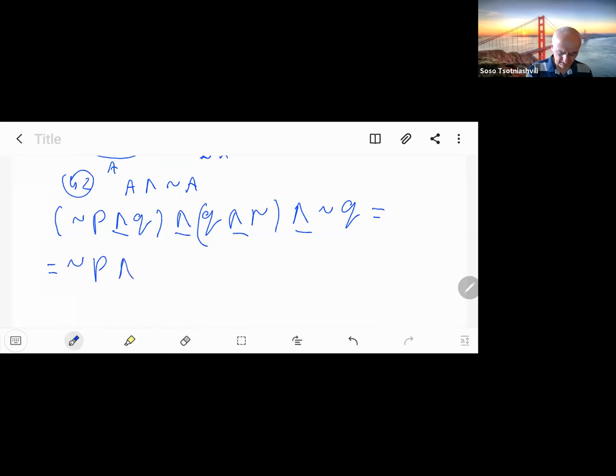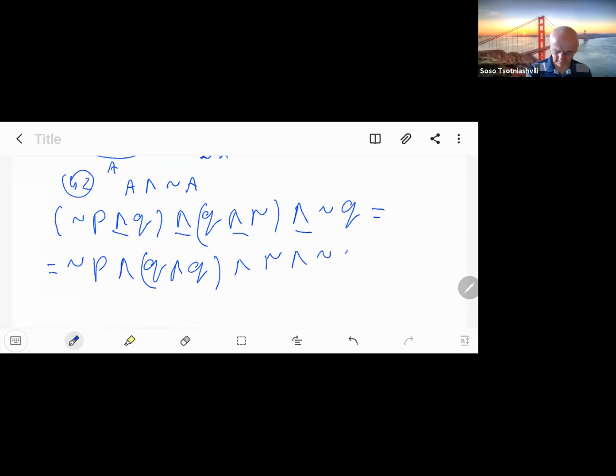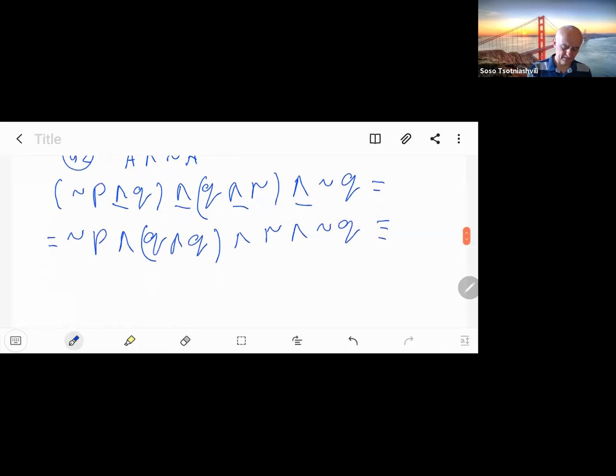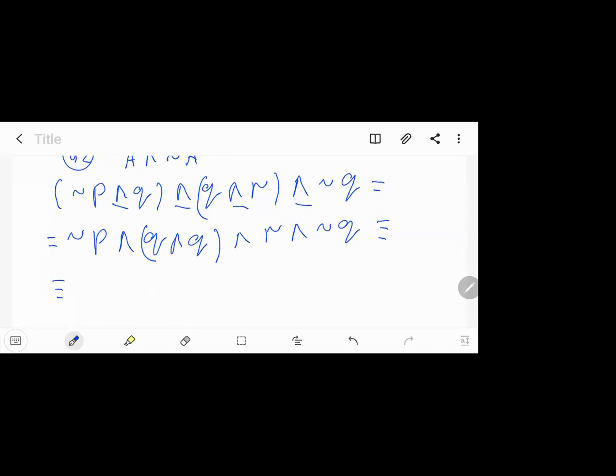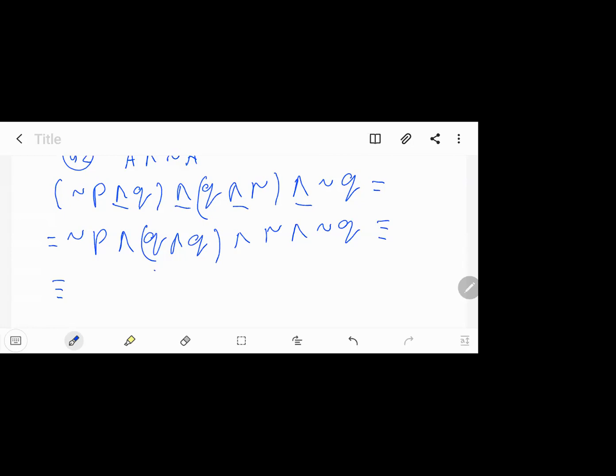Then we have Q and Q, and I will write them together in a group, and R and not Q. Do you agree? Maybe it is better to write Q and not Q together, and then we know that it's always false. Yes, it's very good. But I will do the same now. Q and Q: what is Q and Q? It's Q.